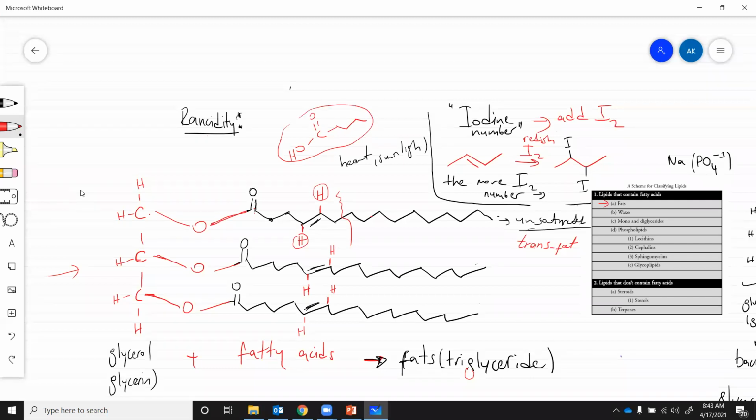You're creating something that's not really good, and obviously not as healthy as butter itself. And that's going to be called again rancidity. So rancidity is a breakdown of fats. Exactly, a breakdown of the fats. Very good. Once the fats break down, then you're going to get rancidity.